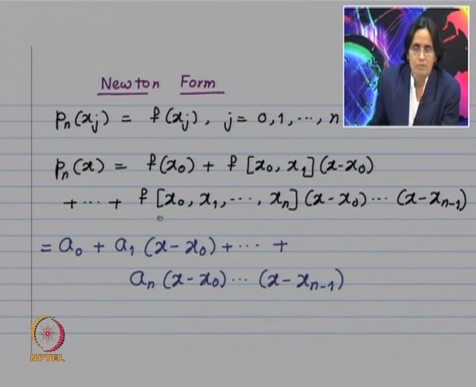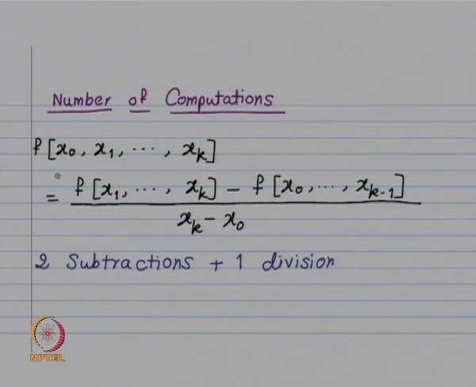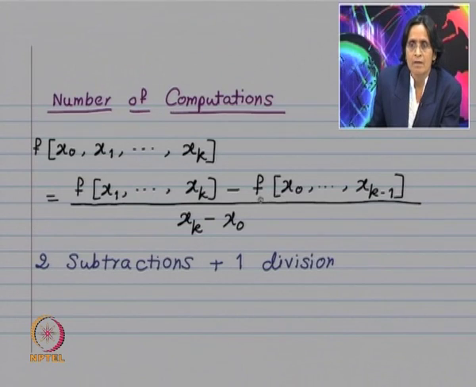So, in order to compute the coefficients a0, a1, up to an, we will need to calculate the divided differences. So, we will first look at the number of computations needed to calculate these divided differences, and then we will consider an efficient way of evaluating Pn at a point once we have computed a0, a1 up to an. Now, the recurrence formula for the divided difference based on k plus 1 points is given by f[x1, x2, ..., xk] minus f[x0, x1, ..., xk minus 1] divided by xk minus x0.